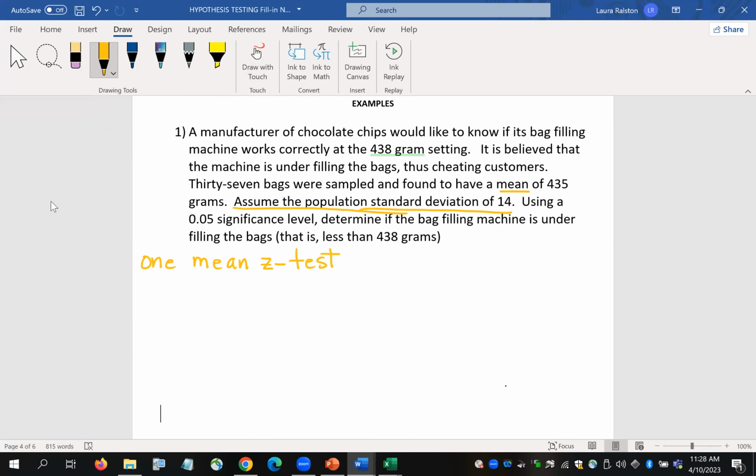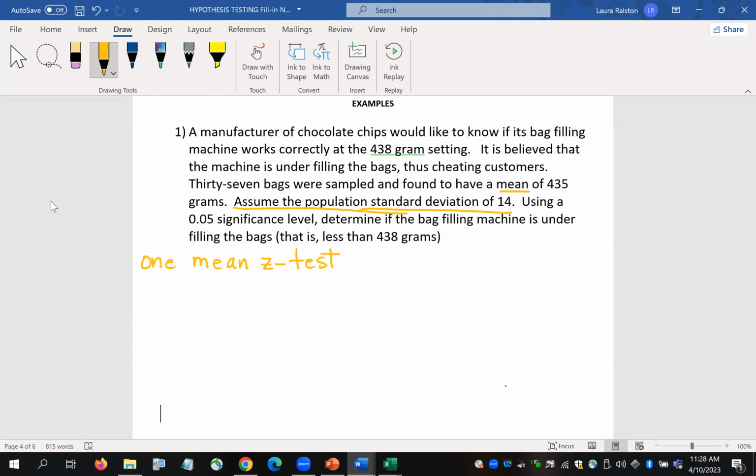It's only talking about one thing, the bags being filled with chocolate chips. And I know to use Z because I know the population standard deviation.